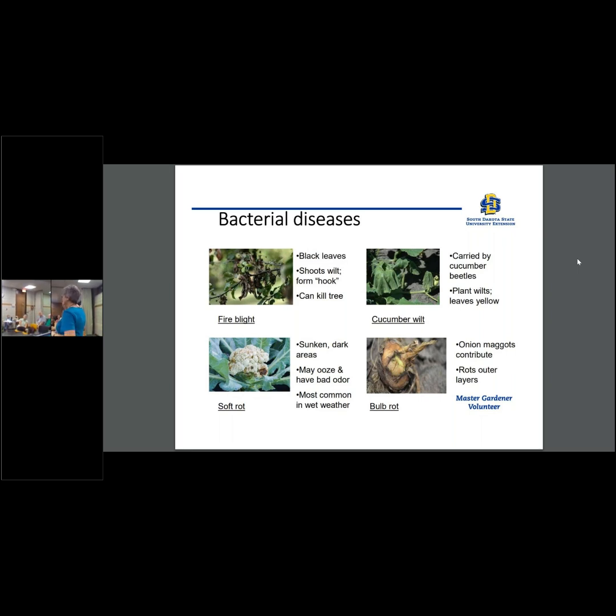It hatches, the little caterpillar will chew a hole into the vine and live inside that hollow vine. And so only that vine will wilt like this. In cucumber wilt, the whole plant goes.